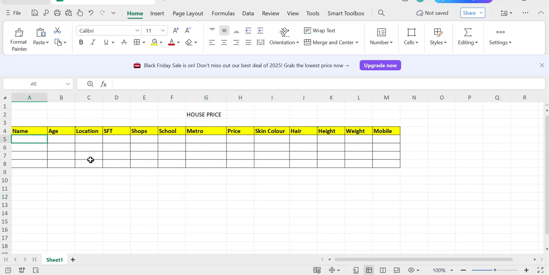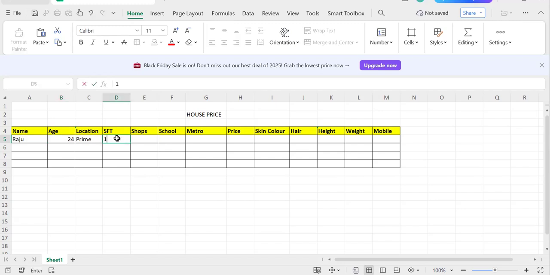Okay, so let's suppose the name is Raju, and the age is 24. Location, let's suppose this is in a prime location. So the property owner's name is Raju, age is 24, and location is prime.